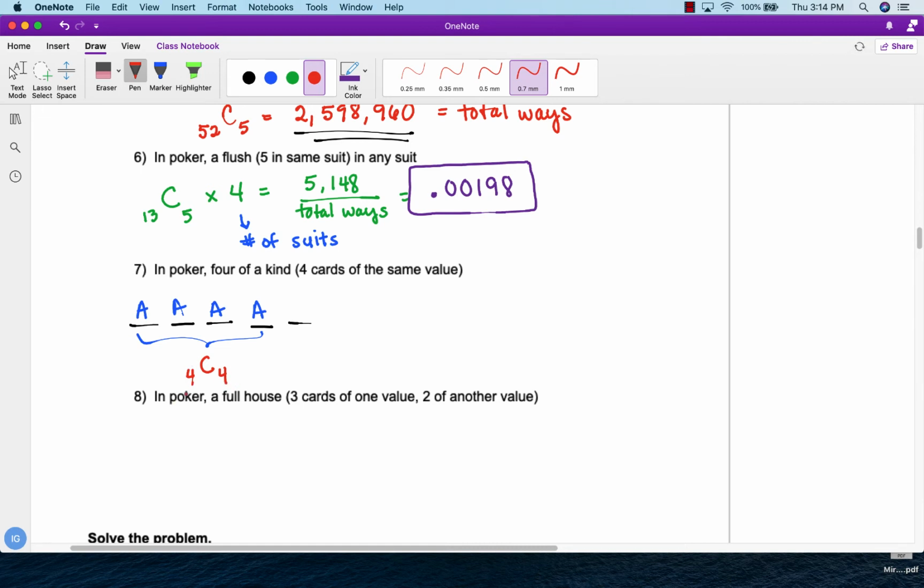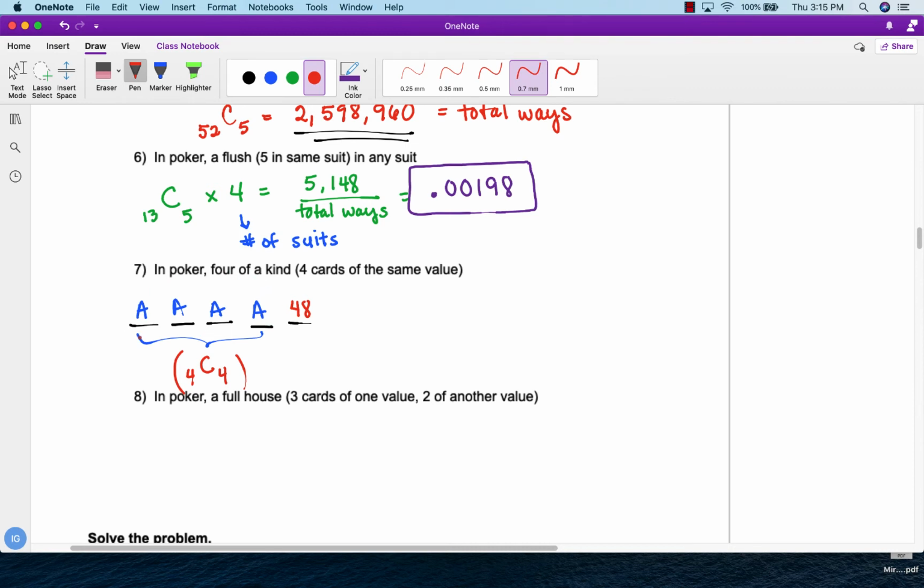Now remember, when you're doing the combination where your n and your r are the same value, like in this case, that is always going to be equal to 1. Okay. Now, if you're taking 4 cards out of the total number of cards, which is 52, how many remaining cards do you have? How many options do you have for this last card? 52 minus 4, that will be 48. Now this is just for one card, right?